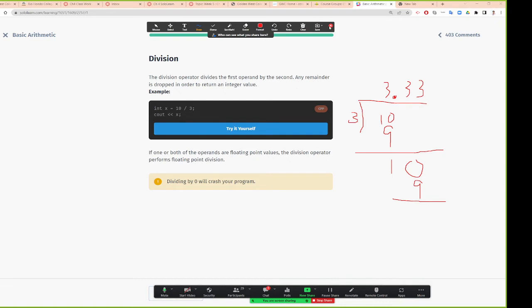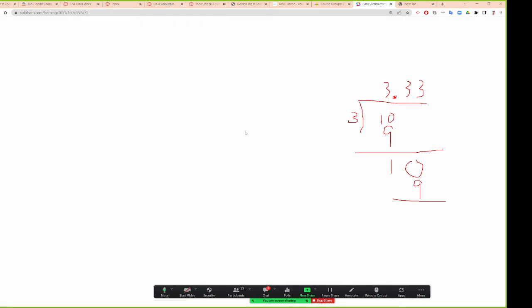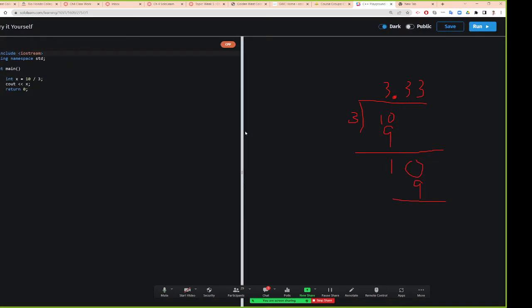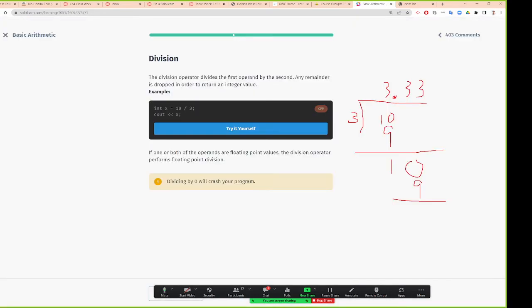So if I truncate this one, my answer will be 3. Do you understand that? Yes or no? So you see, if you do slash, that's integer division, it will be truncated.